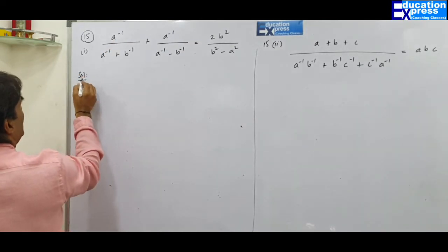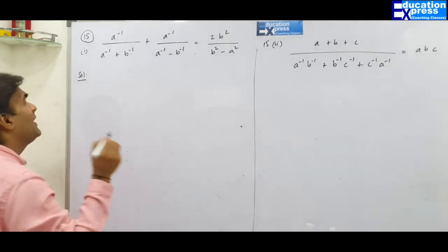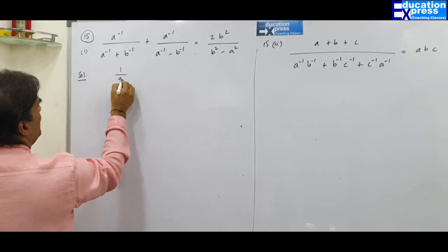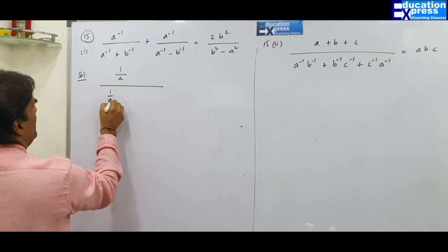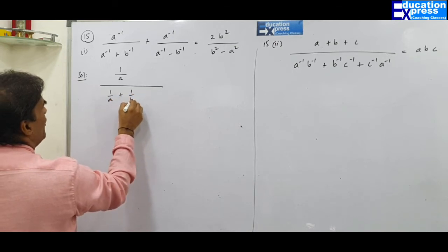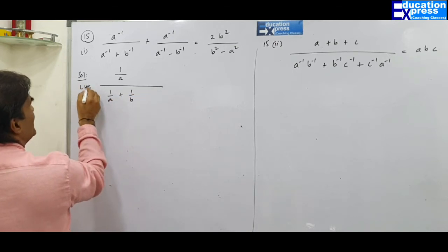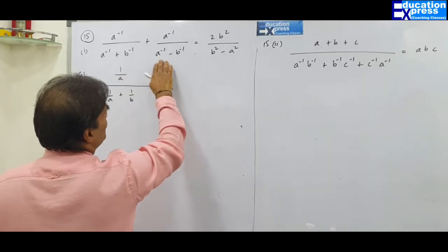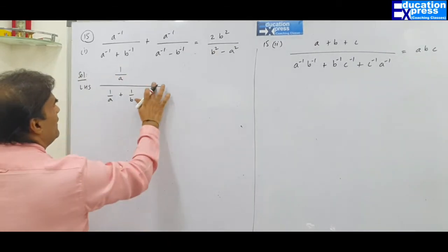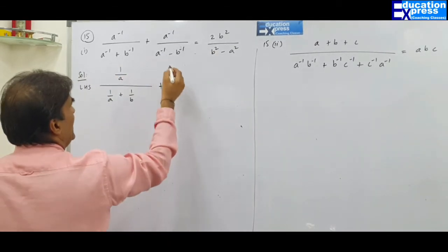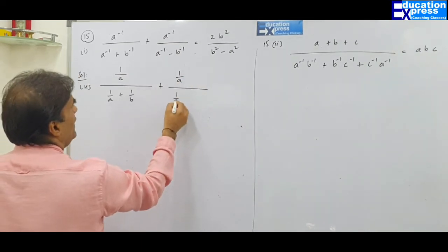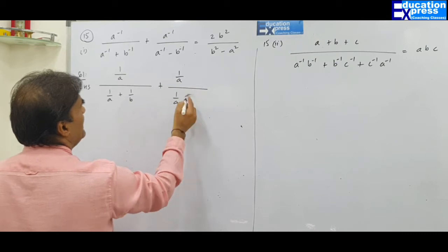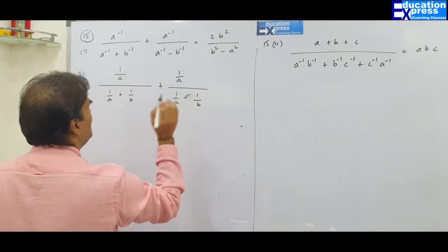This, as we know, a raised to minus 1 can be written as 1 upon a. Same way this can be written as 1 upon a plus 1 upon b. Let me write LHS because we have to prove eventually this total is going to be equal to this one. Plus a raised to minus 1 can be written as 1 upon a, 1 upon a minus 1 upon b.